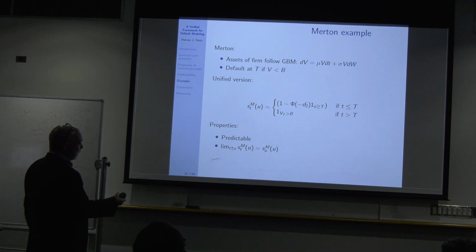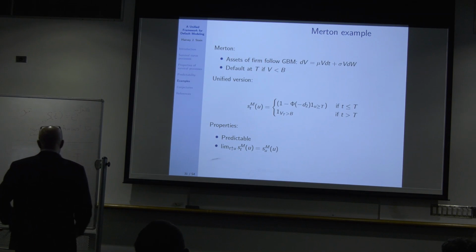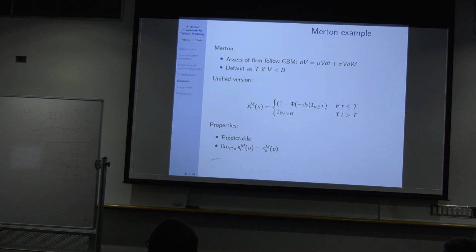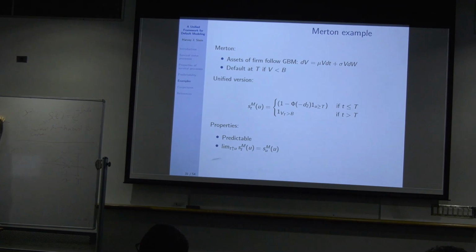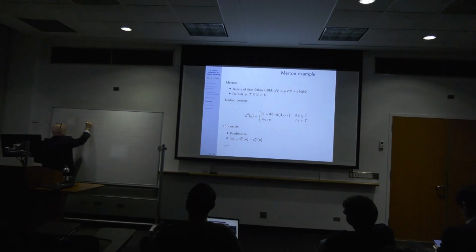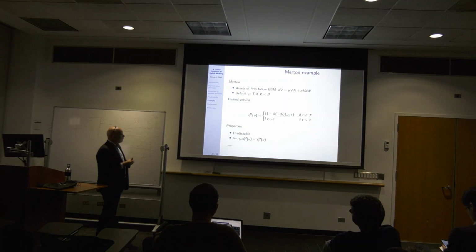At capital T and after that, you don't default, so your survival is the same probability. Right? So your survival curve is essentially doing this. Here's your capital T. Survival curve is always doing this. And the drop down here is the probability that wherever your process is, the probability it's below here. Okay?